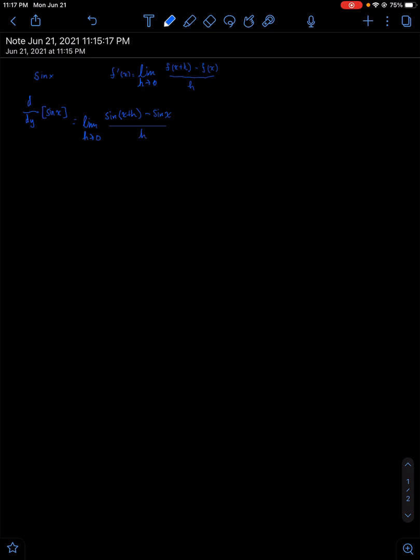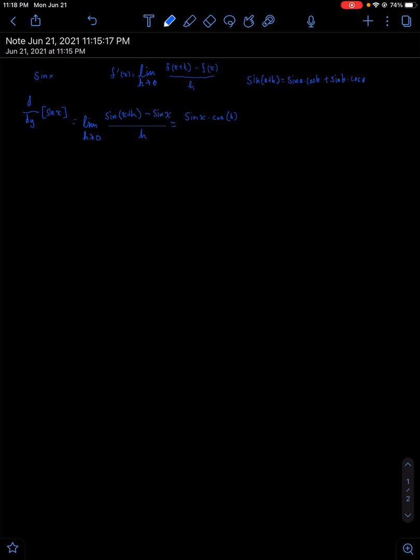From trigonometry, we know that sine of a plus b is equal to sine a times cosine b plus sine b times cosine a. So it's the same principle here. This is equal to sine of x times cosine(h).